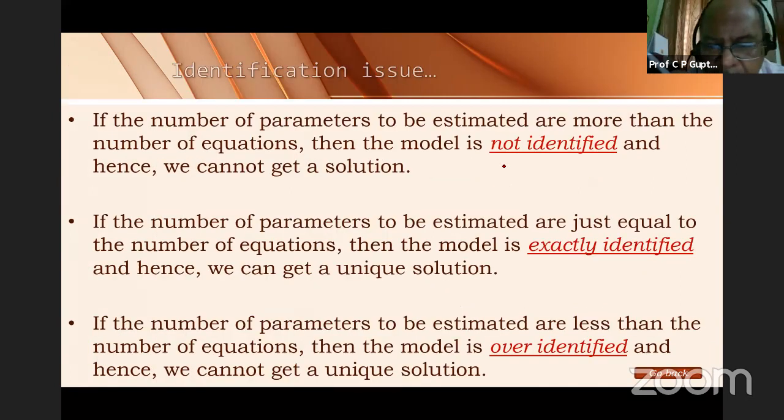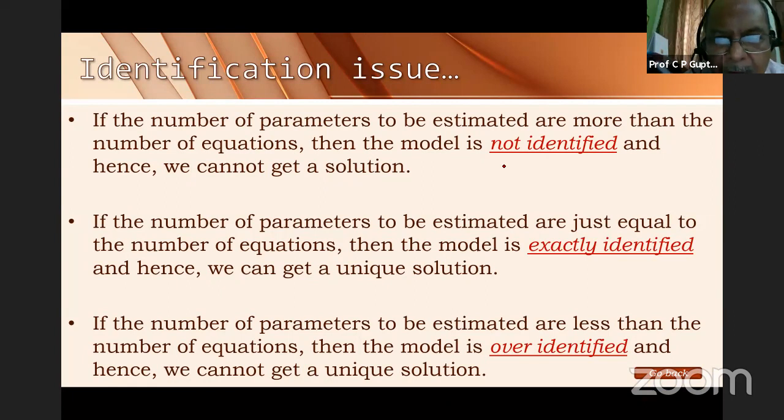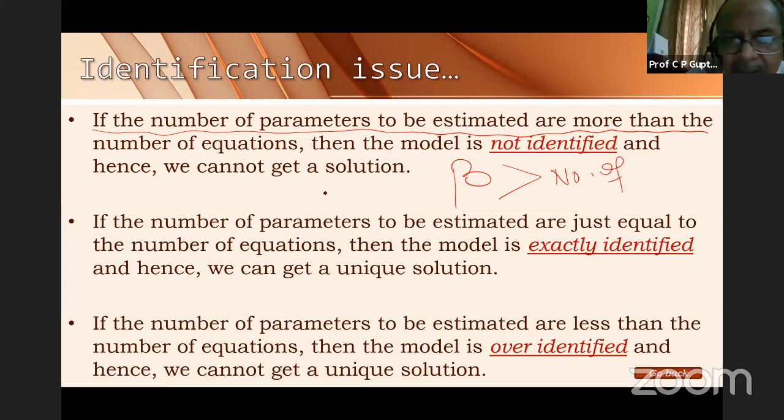Okay, so friends, understand what we mean by identification. If the number of parameters to be estimated, suppose your betas, is more than the number of equations, like just for simplicity's sake, I take x plus y is equal to 10.